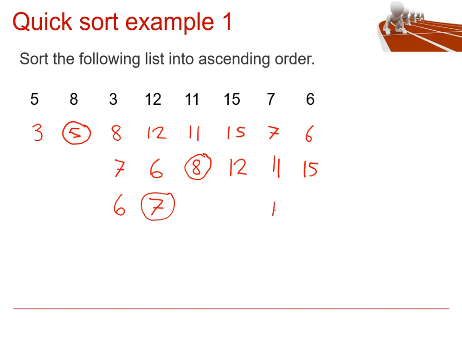So let's write down 12, circle it. 11 is smaller than 12, 15 is larger than 12, and now all of my sublists are only one number. So I'm basically done. Let's just have a look at what we've got and write down the final results. So that's 3, 5, 6, 7, 8, 11, 12, 15. And that's in ascending order as required.